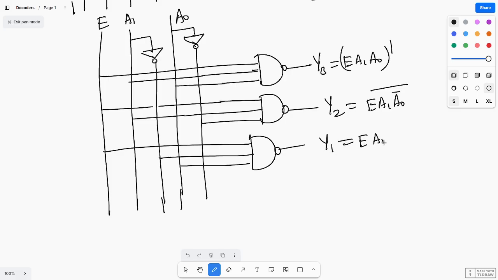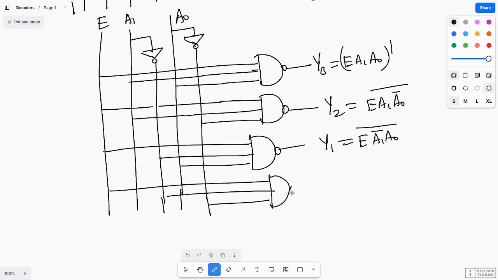And next E, A1 bar, A0 bar, this is A1 bar and A0 bar connected with a NAND gate, and this is y0 equals (E A1 bar A0 bar) whole bar. So like this you can design an enable high active low output decoder.